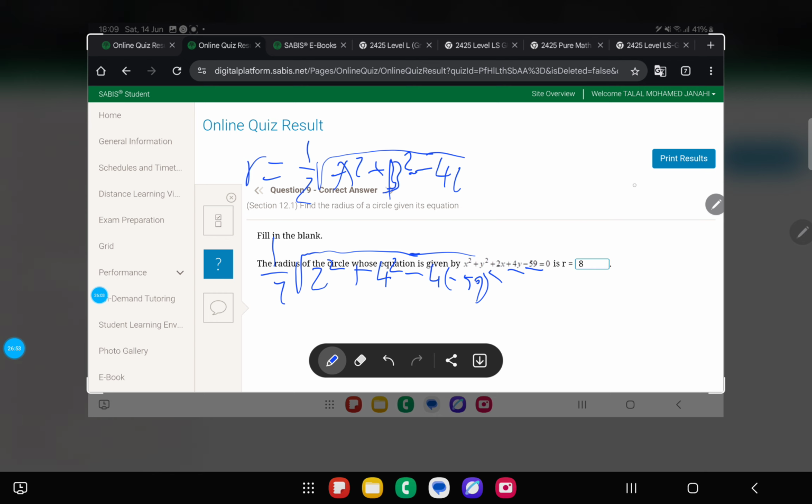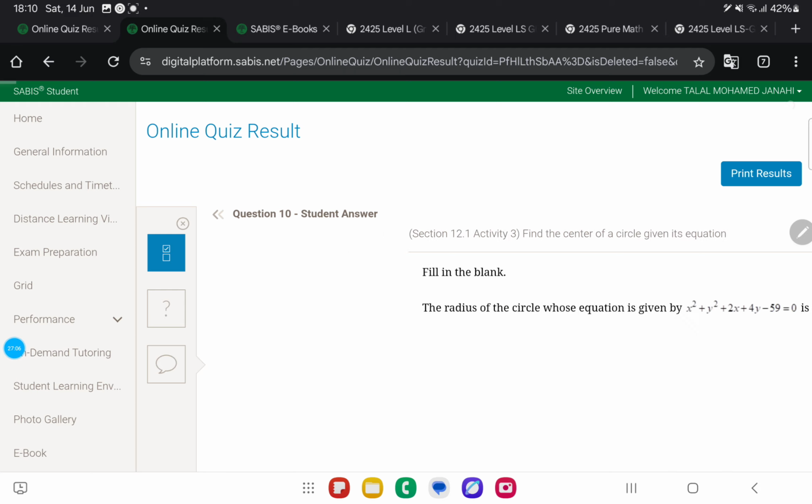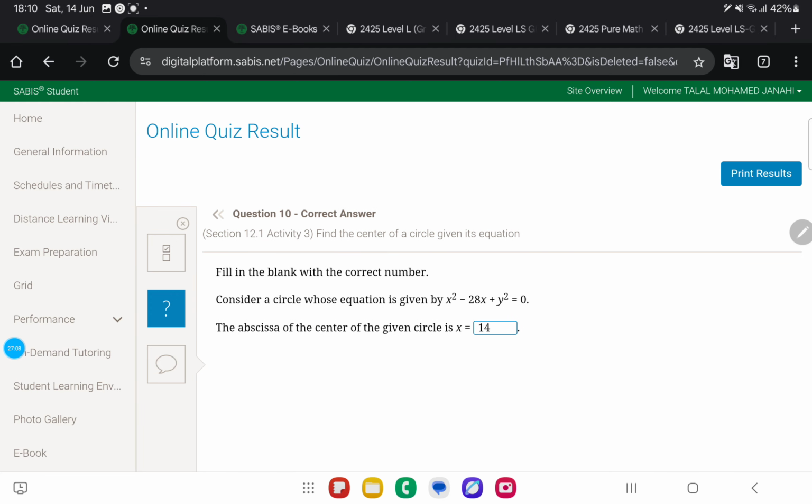You get 256. Radical 256 is 16. And then 16 times 1 over 2 is 8. That's the answer.